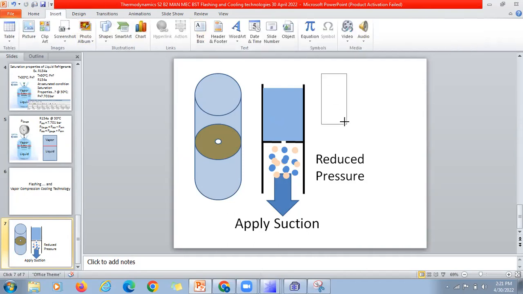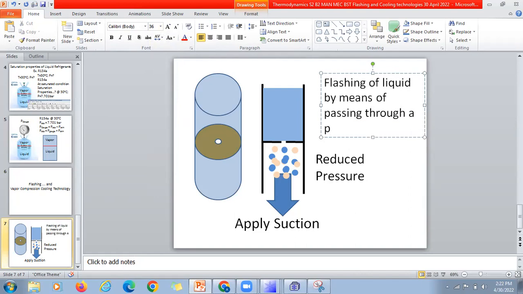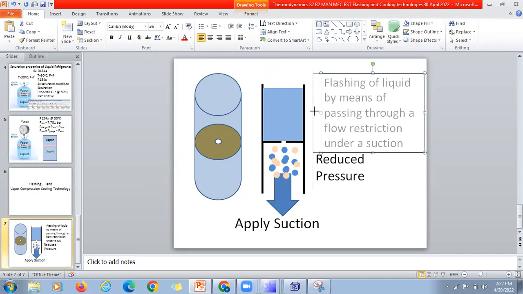Explain flashing: flashing of liquid by means of passing through the flow restrictor under a suction, or low pressure.